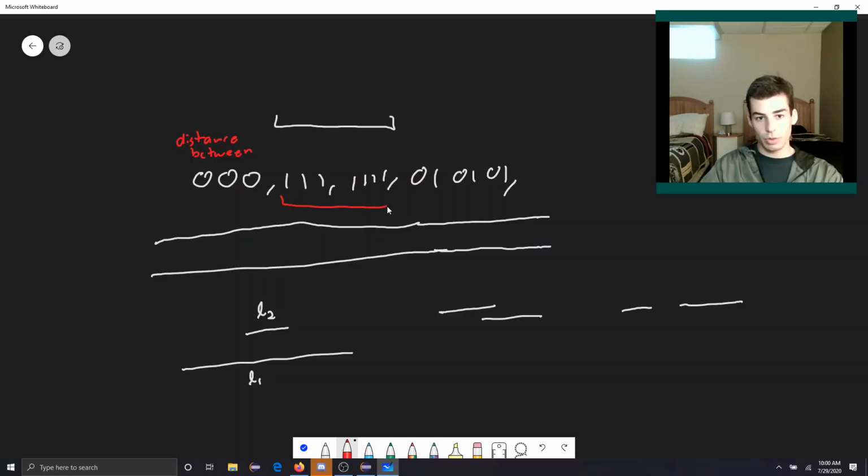Then this period of ones is going to be the union of the segments, the union of their length, minus the intersection of their length. So this thing right here minus this. Yeah, leftmost to rightmost minus however much they intersect.